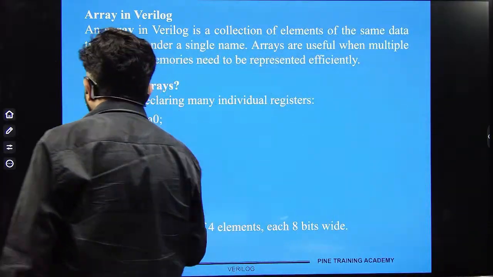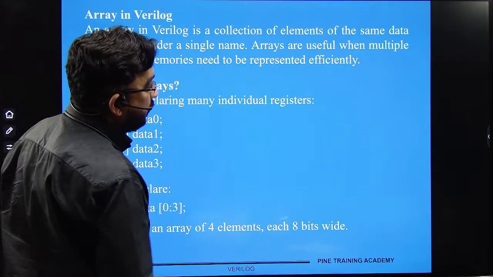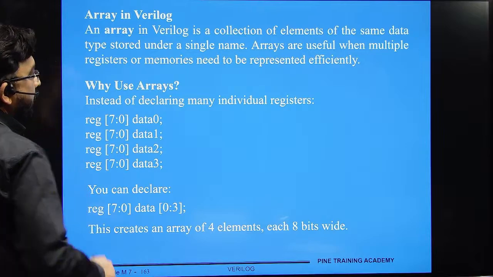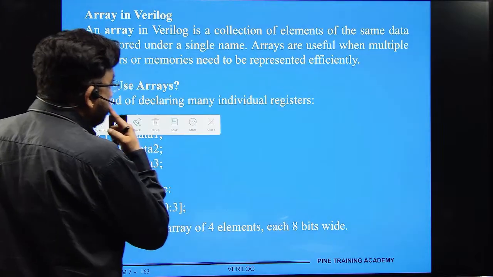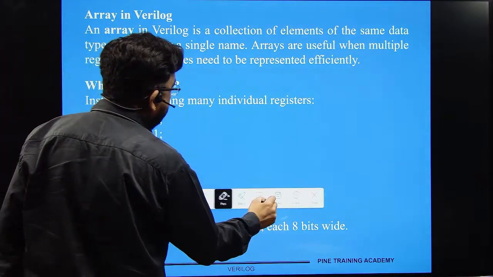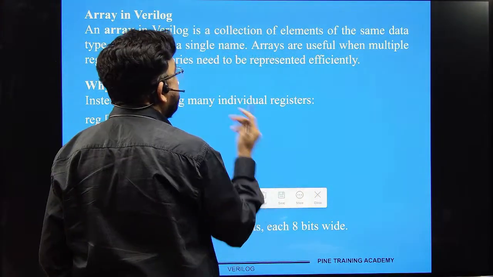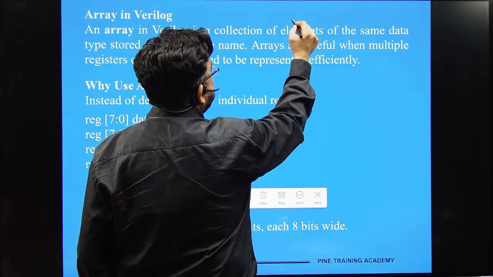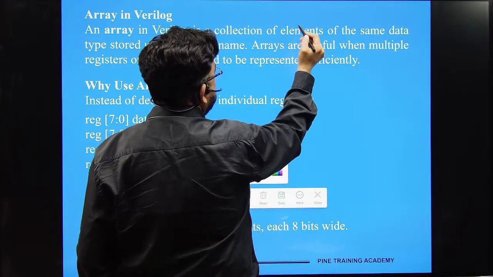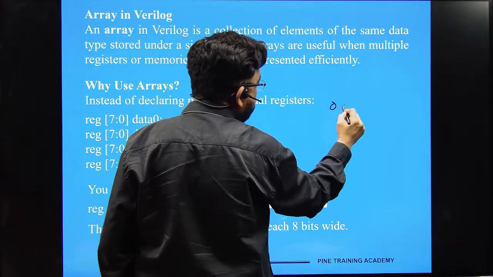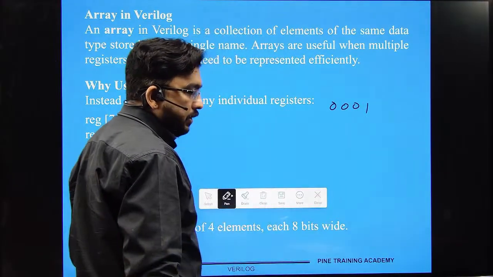So here it means that an array is a collection of elements of the same data, for example 0001.